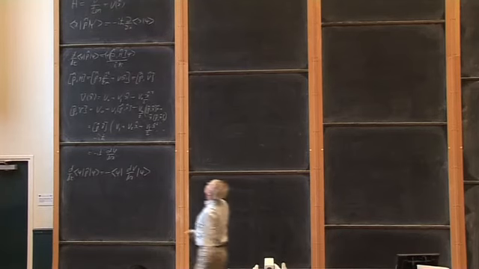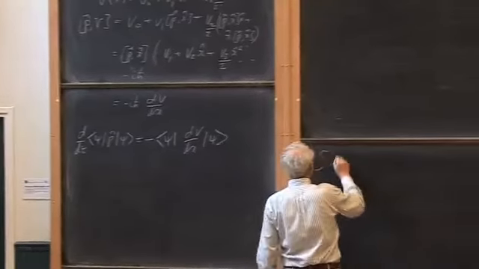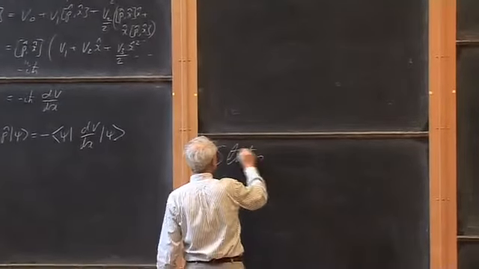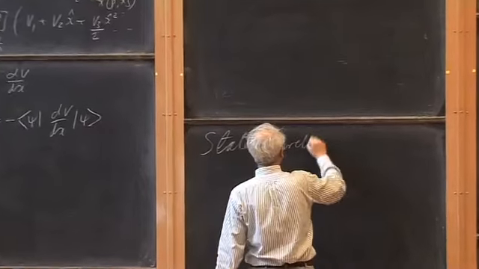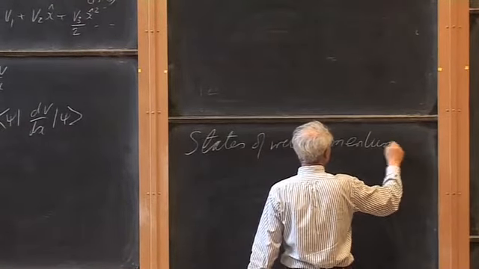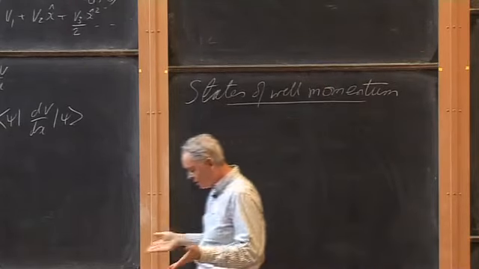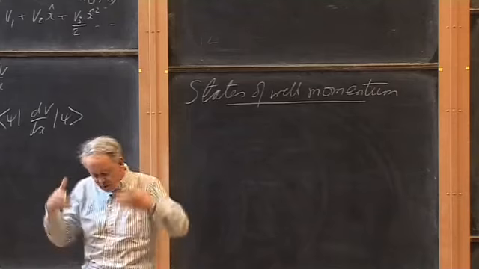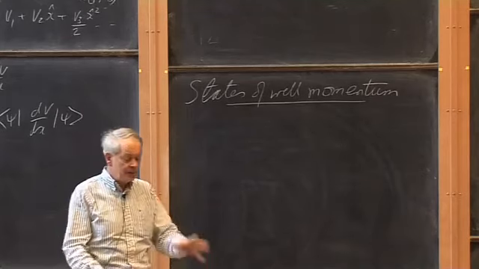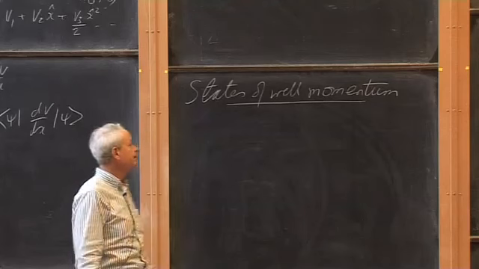So now let's look at states. Very important topic. States of well-defined momentum. That is to say, we want to know what the wave functions are, what the states look like in which a measurement of the momentum is certain to produce a given number.